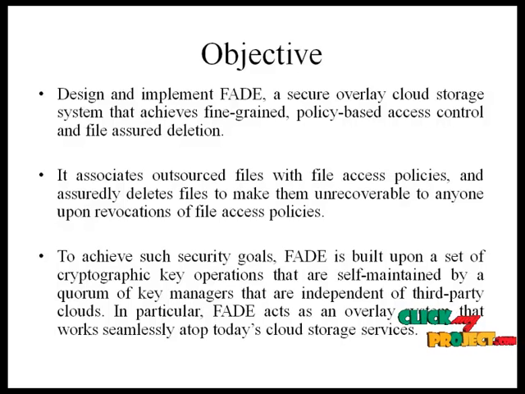In normal cloud storage, some privileges are provided, but those privileges cause some problems in real-time work. So through this paper we can provide some privileges for the corresponding files.